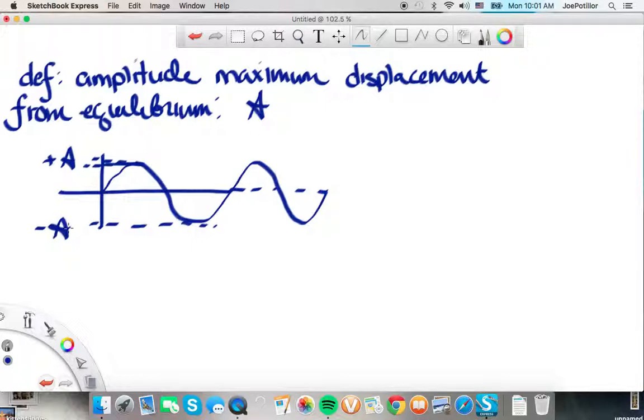It's how far from equilibrium, which is this point on the axis right here. So it's very important that you keep that in mind. It is not the full length of this wave. It is only from the point of equilibrium. Make sure you keep that straight. We talk about the full length of the wave later. That's called wavelength, but we'll talk about that later.